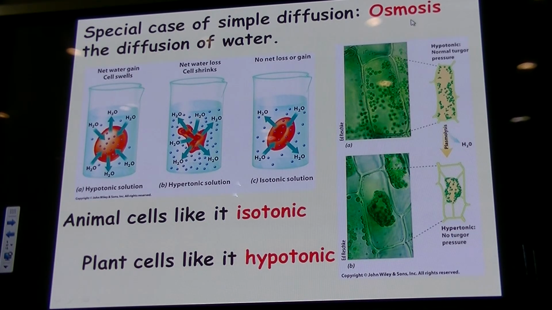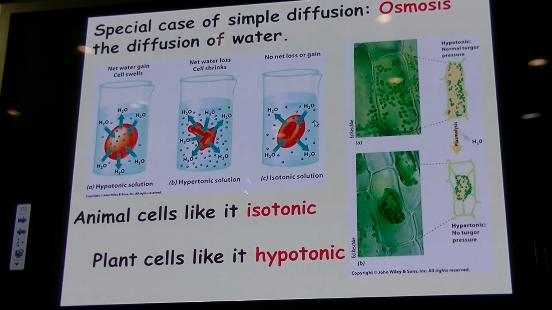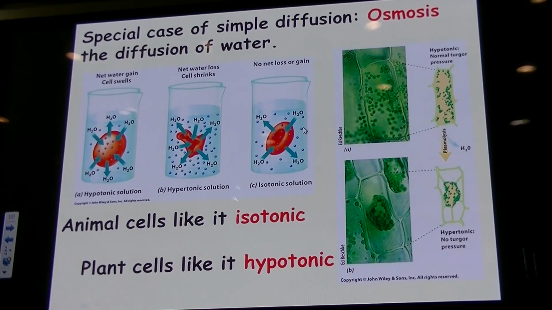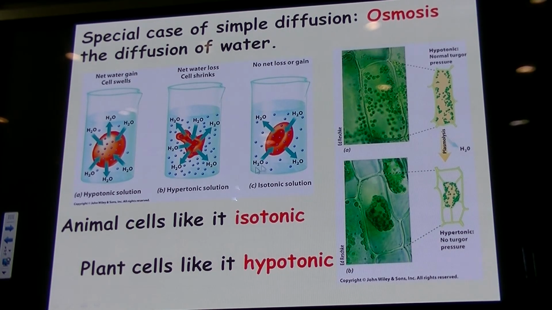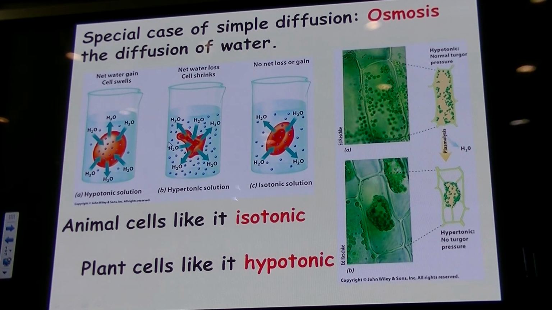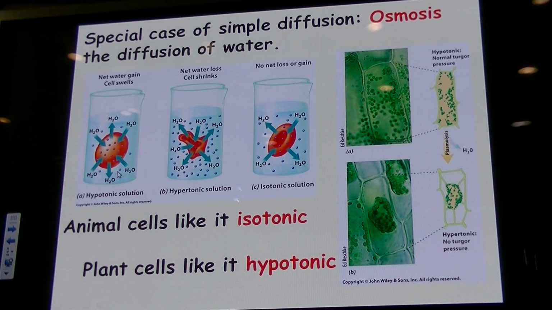So we call this process osmosis, and what we need to remember, animal cells like to be in a solution where the amount of solute on the inside of the cell and on the outside of the cell is in equilibrium, is about the same. So the amount of dissolved particles inside and outside is about the same. That means the rate of diffusion in and out of water is the same, so the net osmosis is zero. So they're not shrinking as they will do in a solution with excess solute, which is hypertonic. Or they're not swelling in a solution with too low amounts of solute, which is hypotonic.